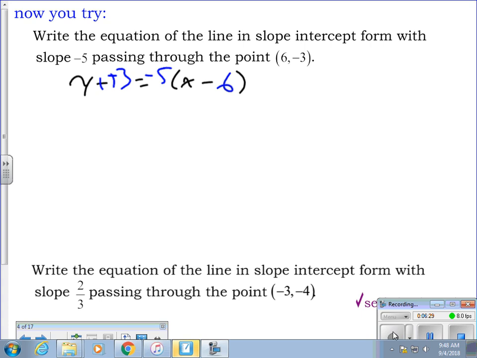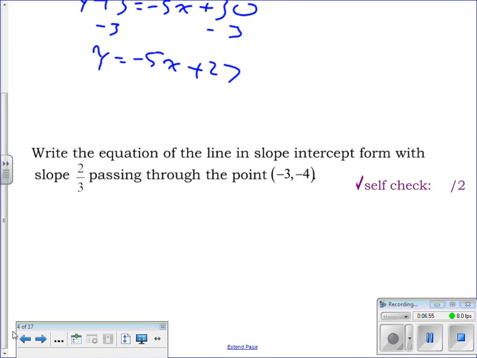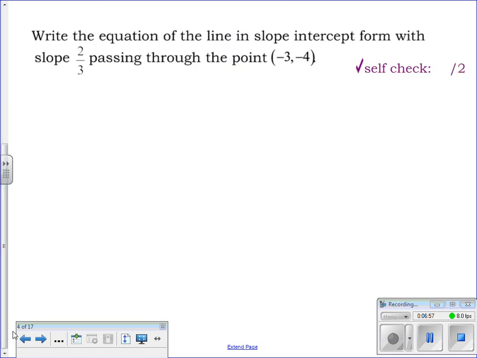I want it in slope-intercept form. Gentlemen, distribute the -5. y plus 3 equals -5x plus 30. Subtract 3. y equals -5x plus 27. Piece of cake. Second one, same thing.